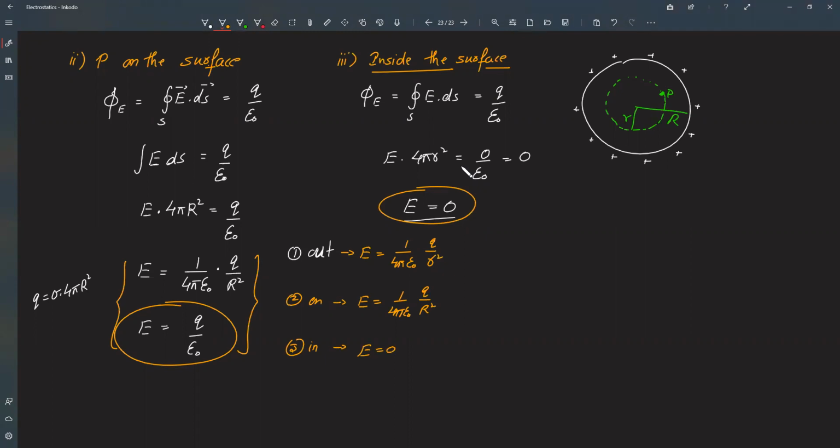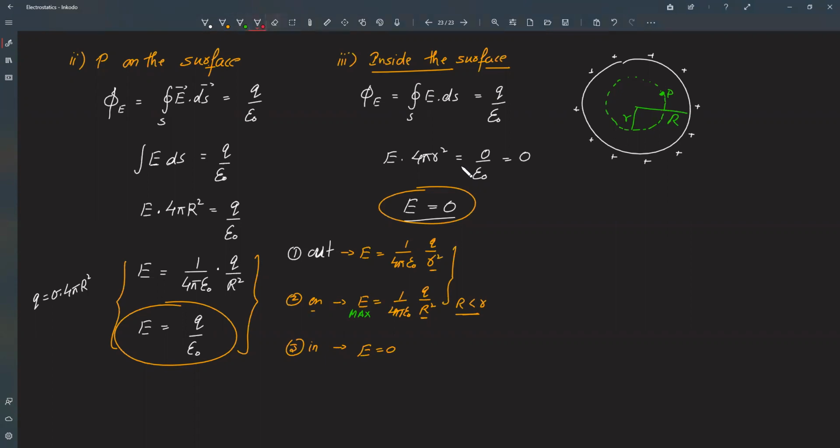Now here, this r is less than capital R. So as you are coming towards the sphere, the distance r will be decreasing, and this will be the value where it equals the radius of the actual spherical shell. So obviously, this electric field which you are finding here is the maximum value of electric field which you will get. And before this, it is 0.